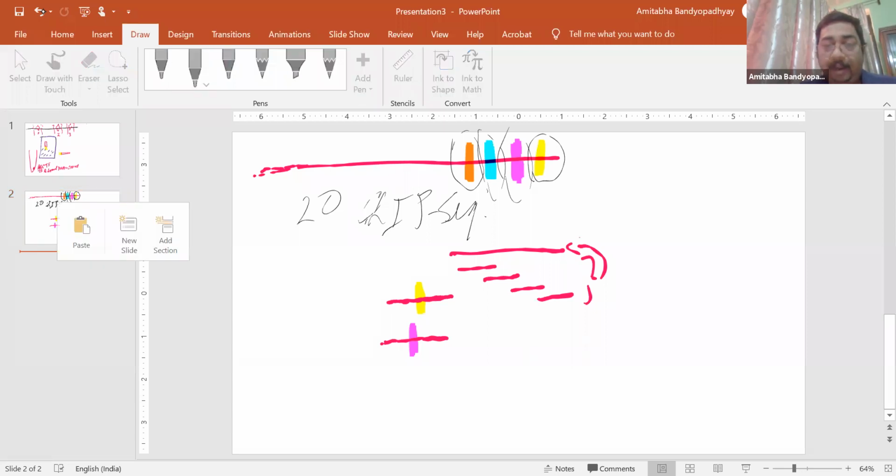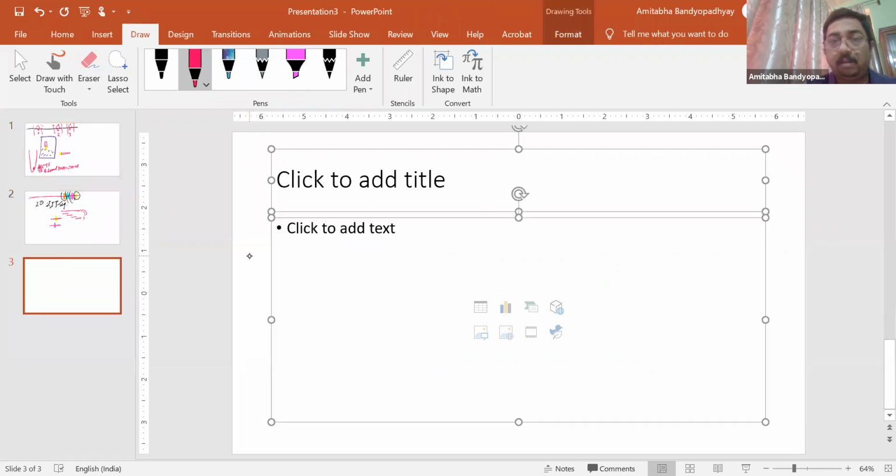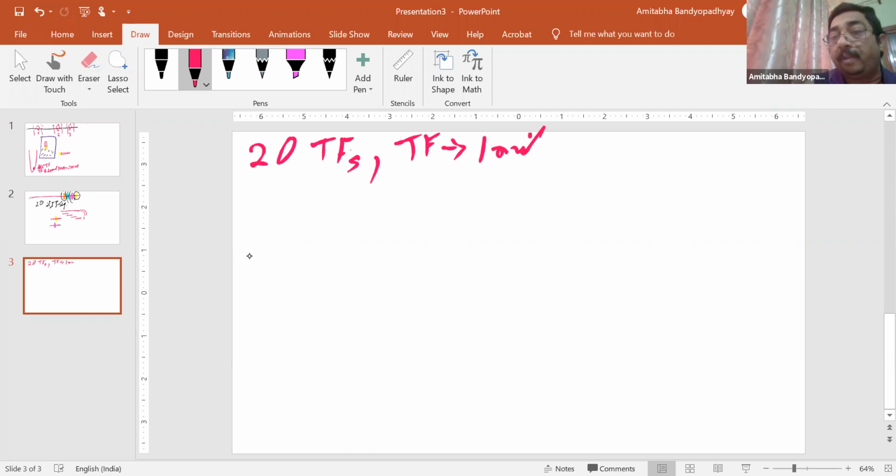Now you imagine that you have 20 transcription factors, and imagine that for each transcription factor, the ChIP-seq has 1 million reads, right?